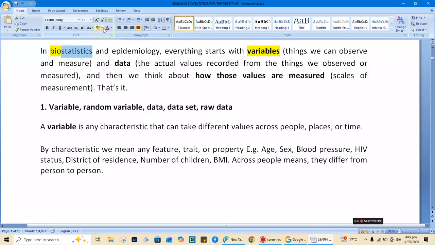Bio means life, statistics means numbers. So biostatistics is the aspect of using numbers to come to a conclusion about what the problem is in the study that you are trying to conduct.